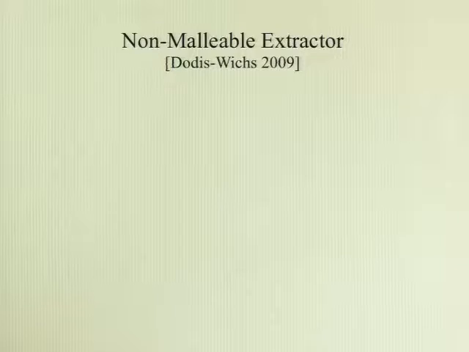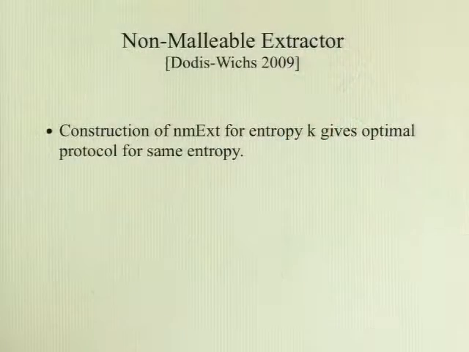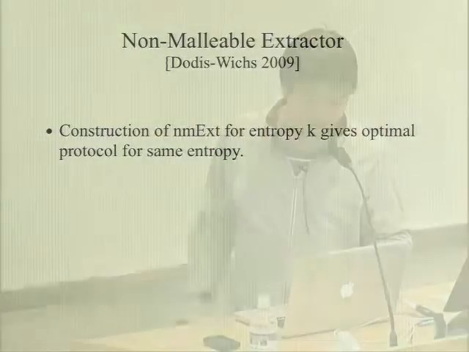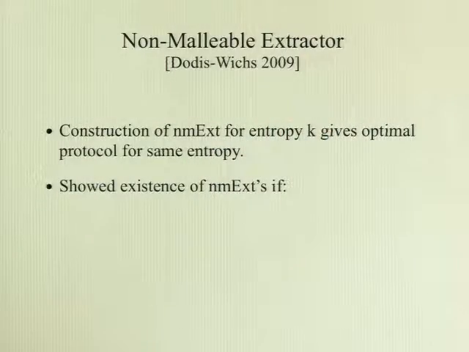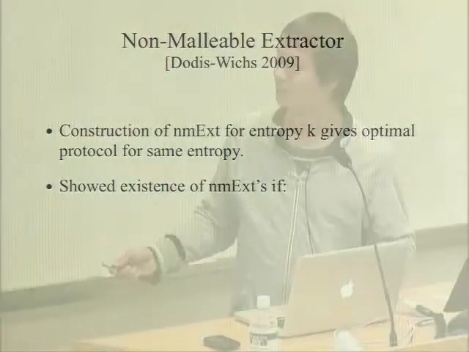Okay. In this paper by Dodis and Wichs, they showed that if you can construct non-malleable extractors for entropy K, then you can give optimal privacy amplification protocols for essentially the same min-entropy. And they managed to show that such non-malleable extractors exist. If you think about it, it's not even clear that these kinds of things exist.